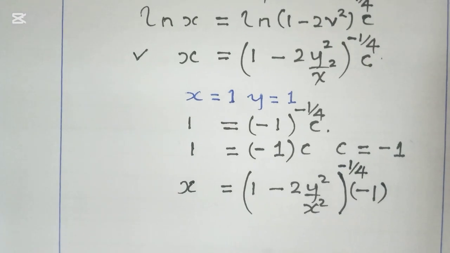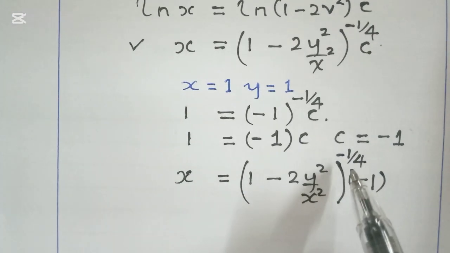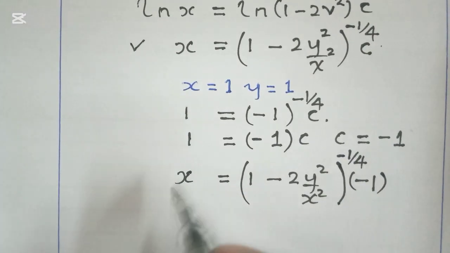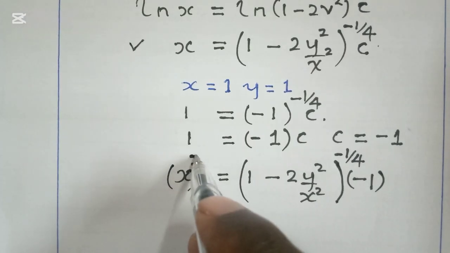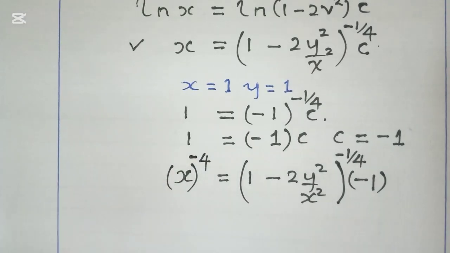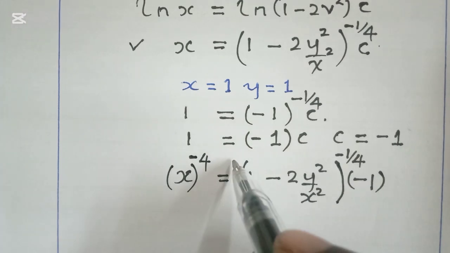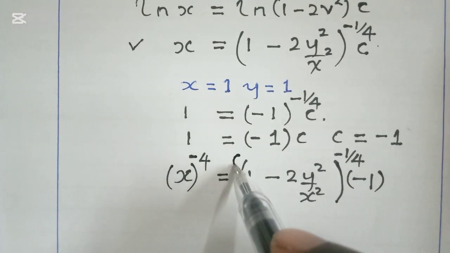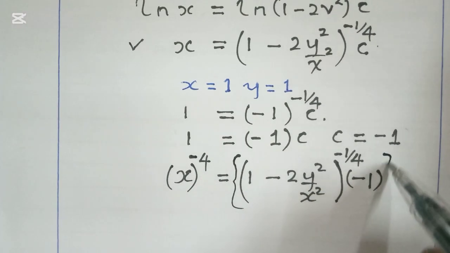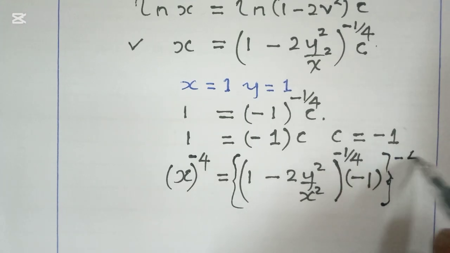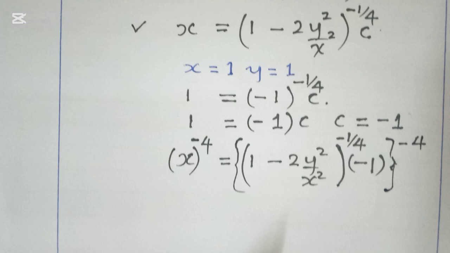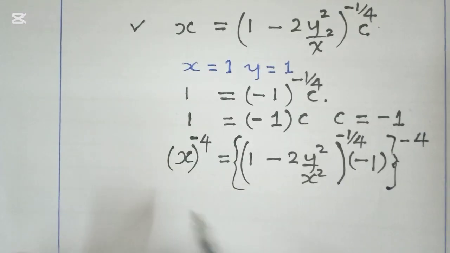So for us to remove that, we can raise this side by negative 4, and we do the same on this other side. So we raise also this side by negative 4.